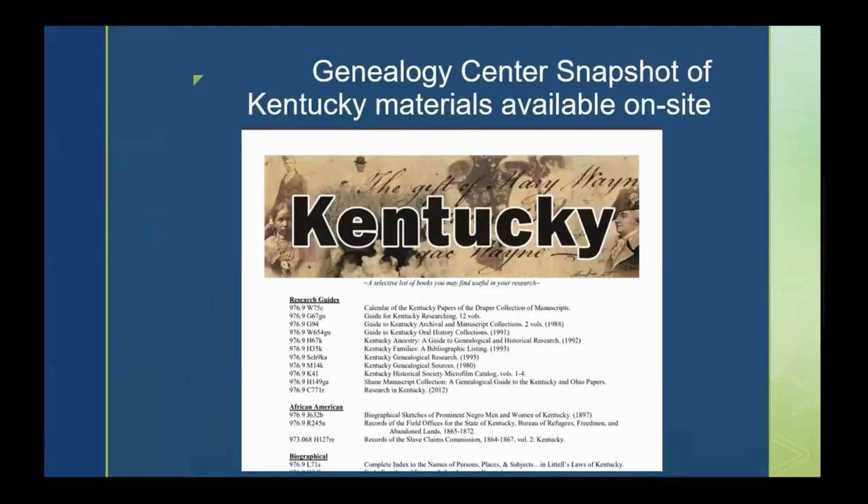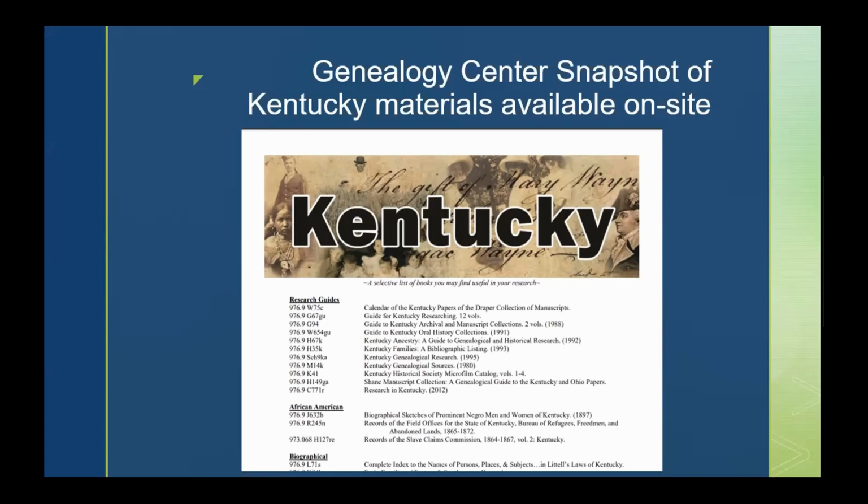This is mentioned in your handout, but we do have on our website, and I have the links in the handout, a snapshot of our materials on Kentucky. And this would be a select list of maybe the more important resources about Kentucky that we have here at the Genealogy Center. Now, if you were going to come here, this would be useful to you to get the call numbers.